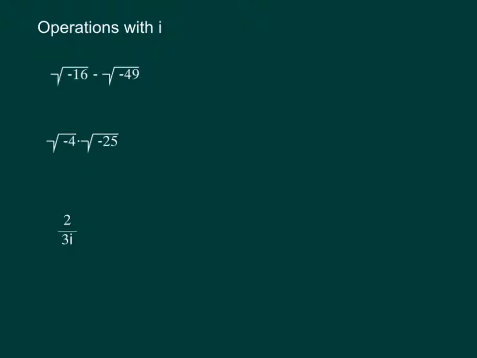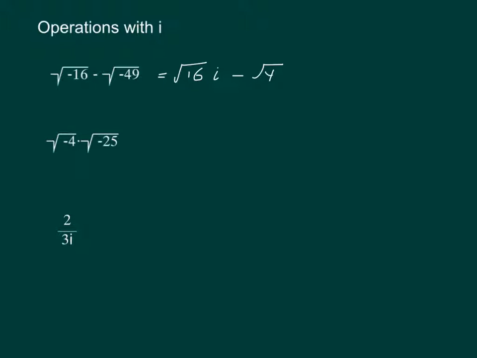All right, so now let's just take a look at what we can do with i. We can do some addition, some subtraction, multiplication, division, any of these operations. So we're going to start with the square root of negative 16 minus the square root of 49. I'm going to simplify each of those radicals first. So I'm going to take the negative out and put an i at the end, make it just a positive radicand.